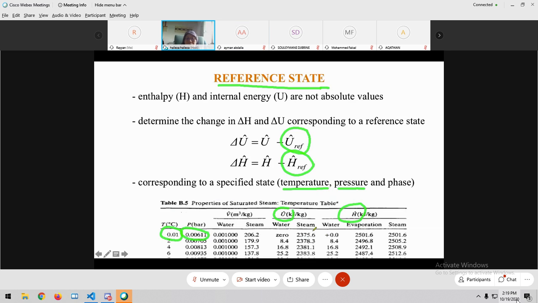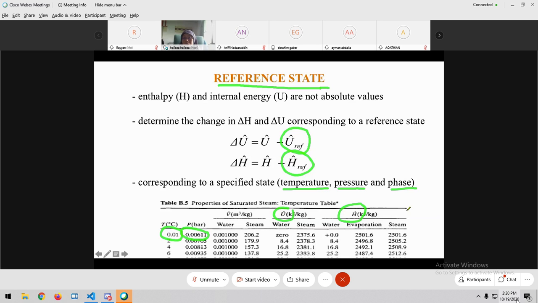And what's the phase? Is it steam? Is it water? Saturated steam, says Aiman. Does anybody have a different opinion? I would say I don't know, because I don't know the value of X. Saturated mixture?